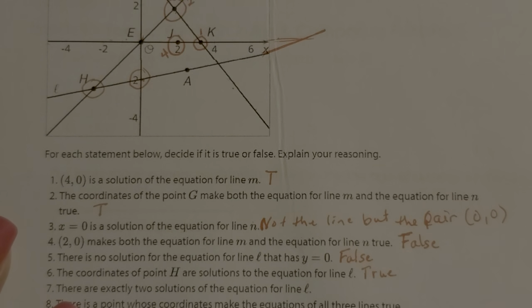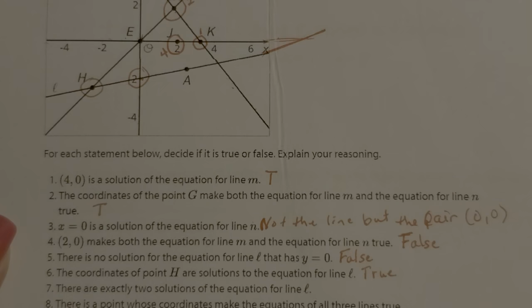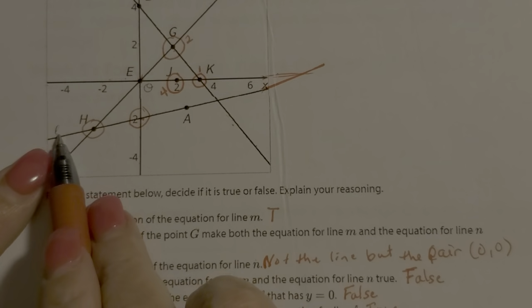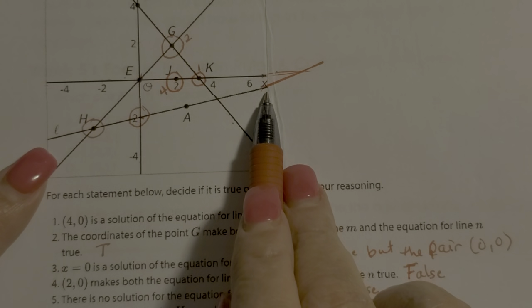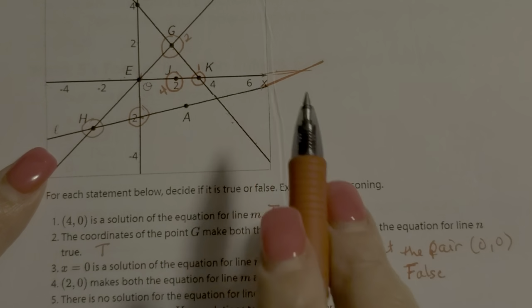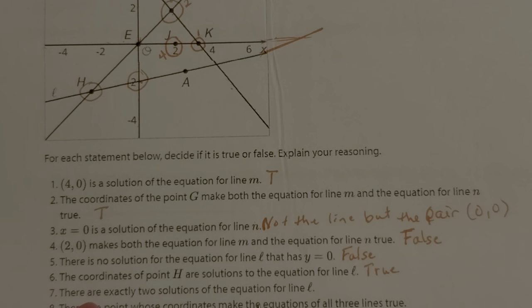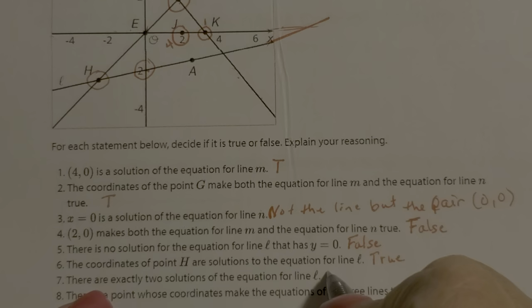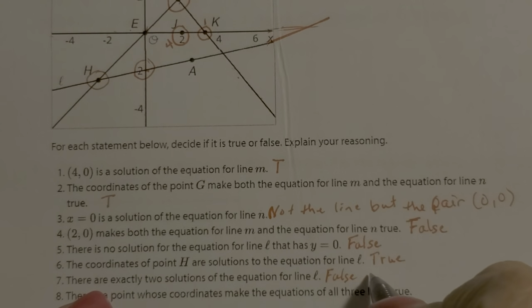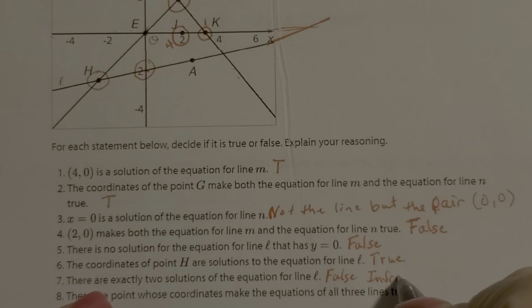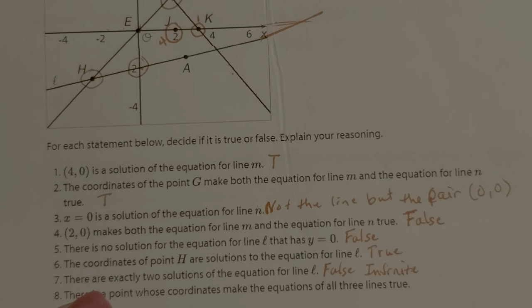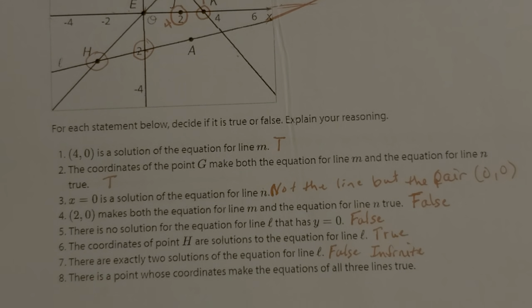There are exactly two solutions of the equation for line L. Line L has infinitely many points because it's a line. Therefore, there aren't exactly two. There are infinitely many, so that is a false statement. There are infinite solutions because it takes infinite amounts of points to make a line.